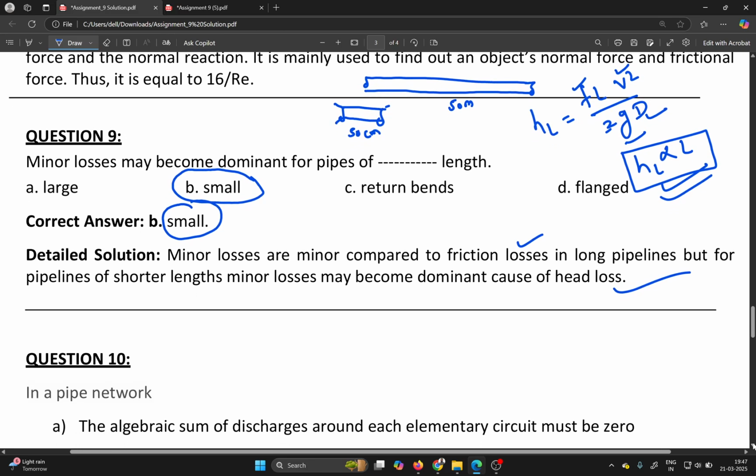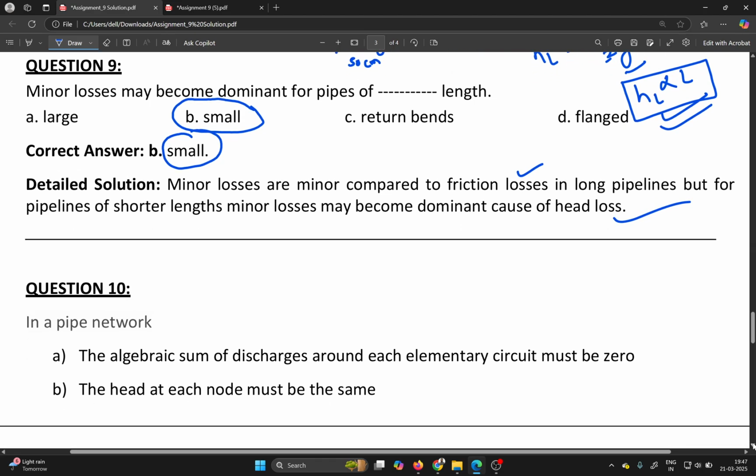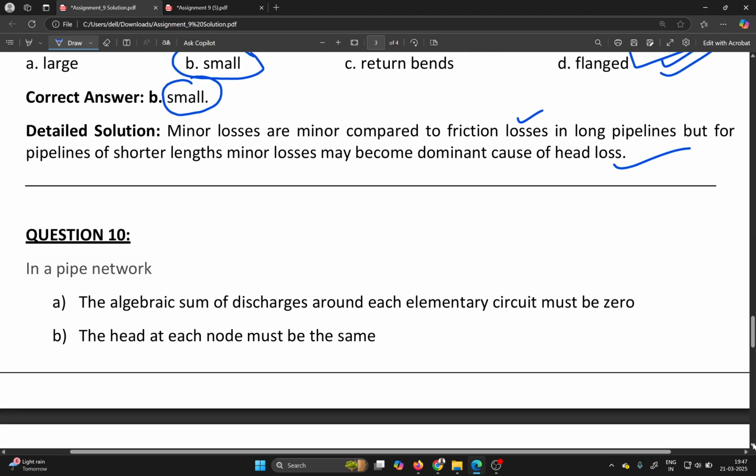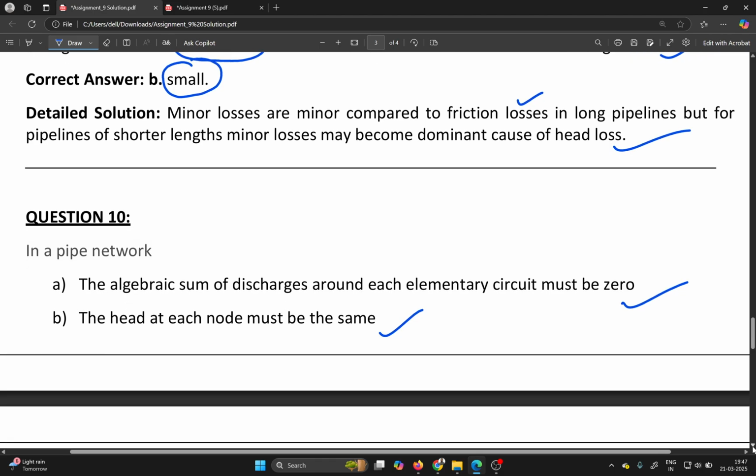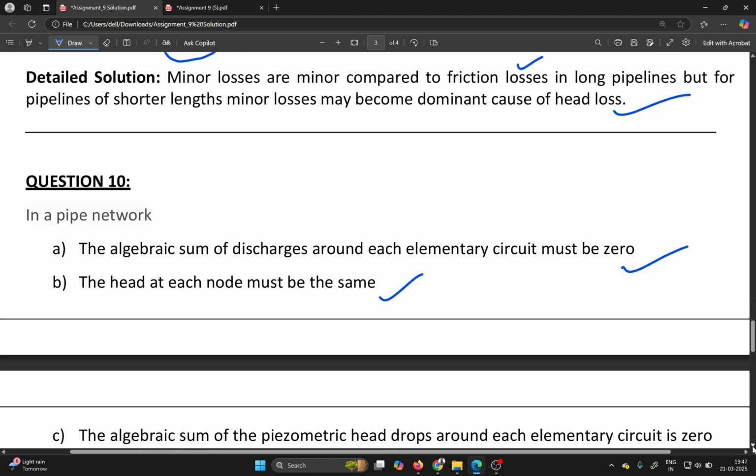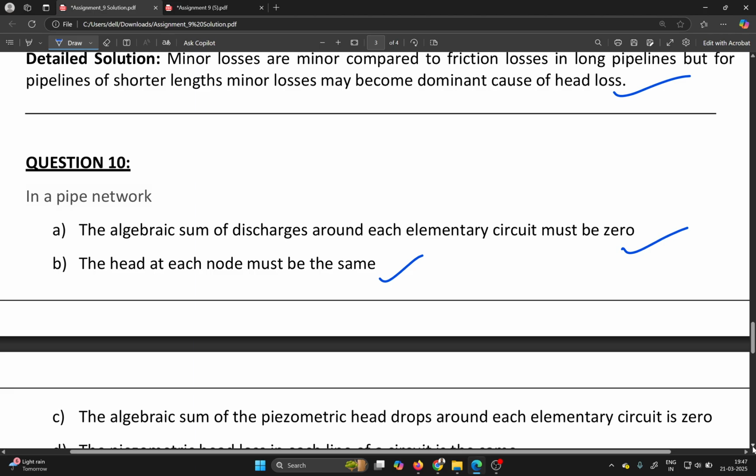In a pipe network, option A: the algebraic sum of discharge around each elementary circuit must be zero. Option B: the head at each node must be the same, which is talking about head. Option C: the algebraic sum of piezometric head drop around each elementary circuit is zero.